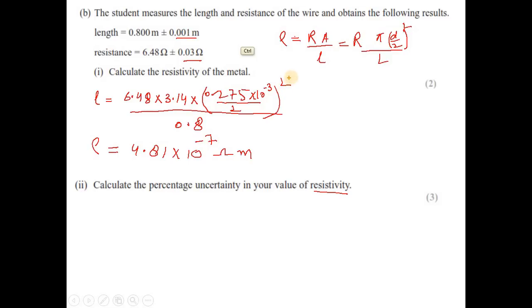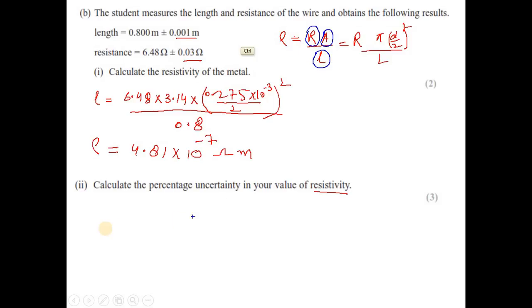So you need to find a percentage uncertainty of every quantity involved in the formula, like percentage uncertainty in the resistance, percentage uncertainty in the area, percentage uncertainty in the length, and then you add all these percentage uncertainties to get the percentage uncertainty of the resistivity.